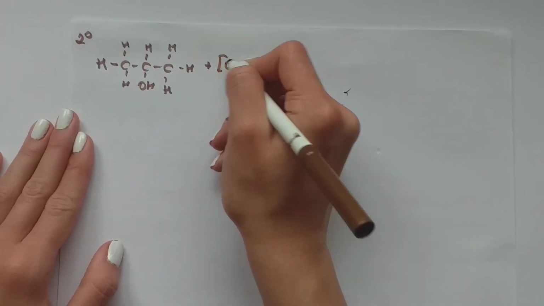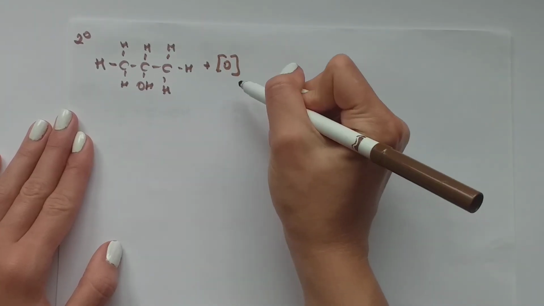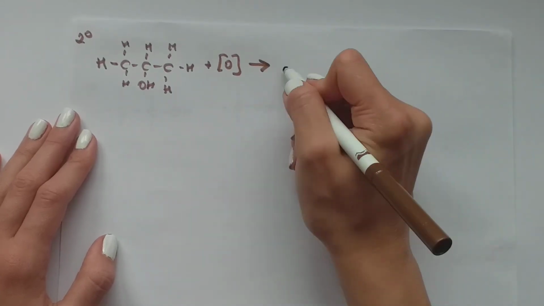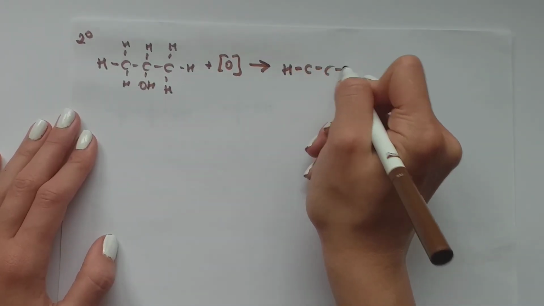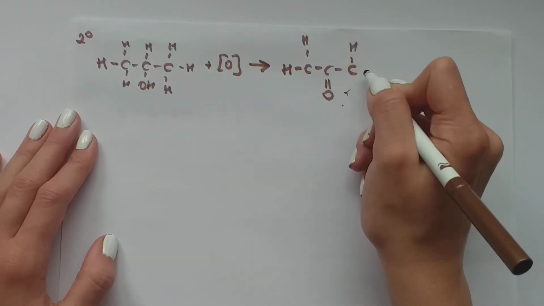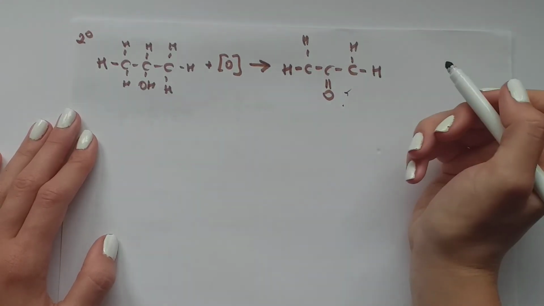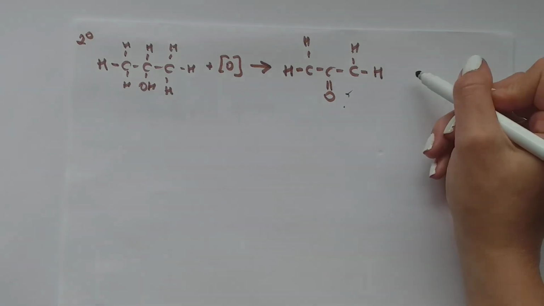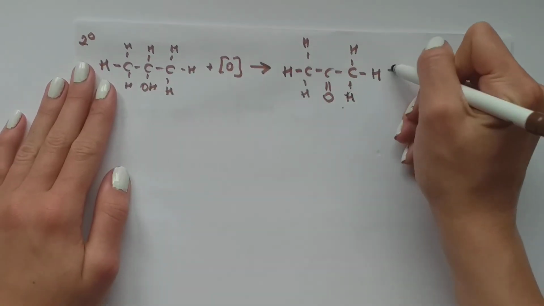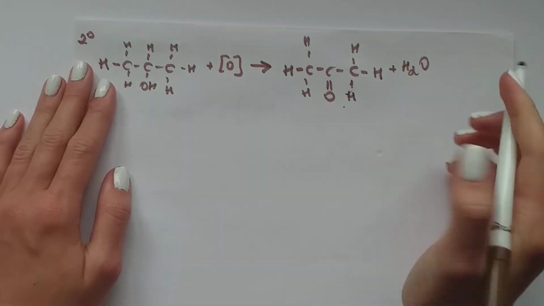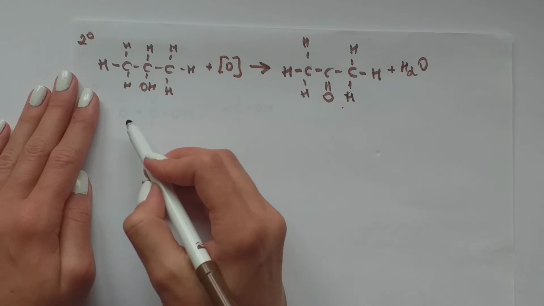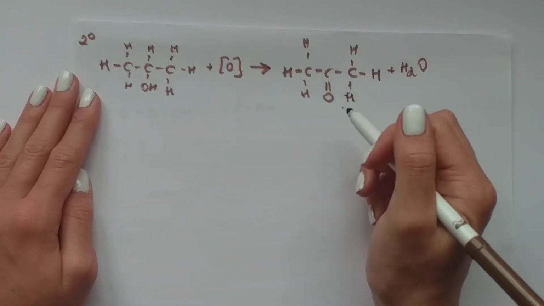Again, the oxidizing agent is the same, acidified potassium dichromate, and this gets turned into a ketone, and of course water in order to balance this equation. So this time we have a secondary alcohol and we have a ketone.